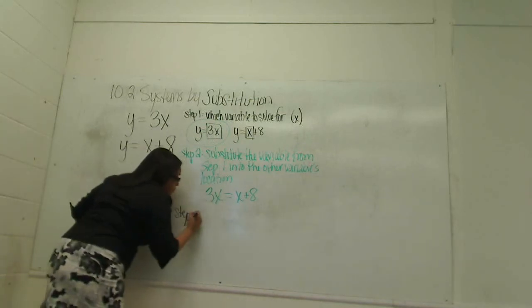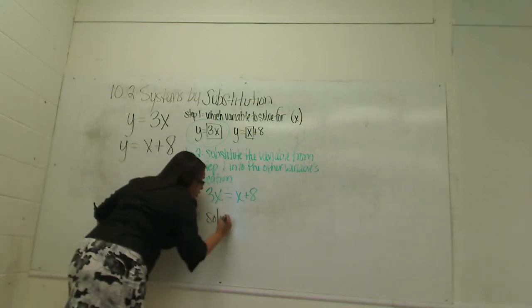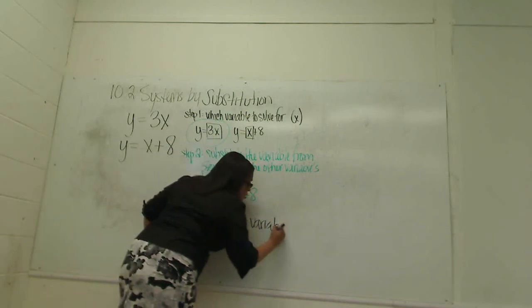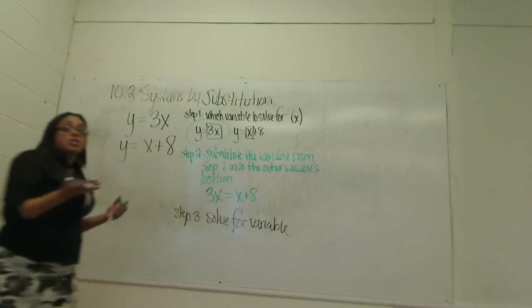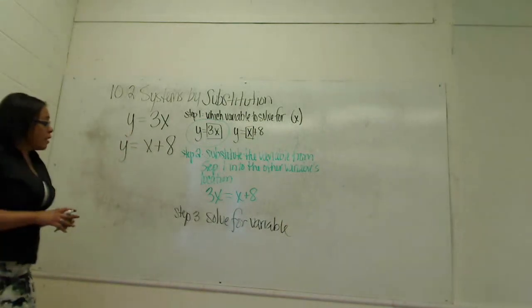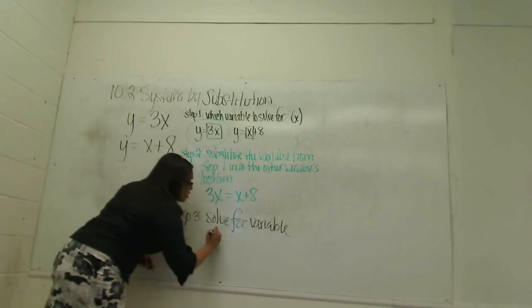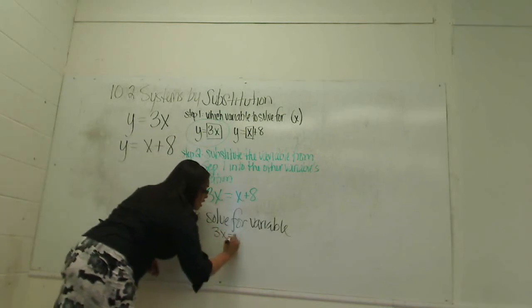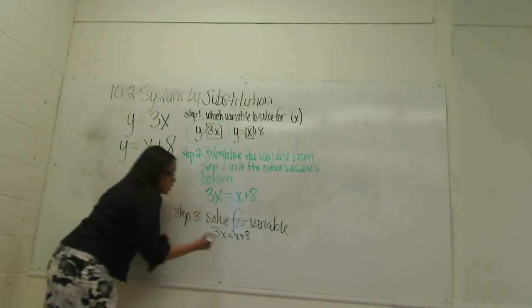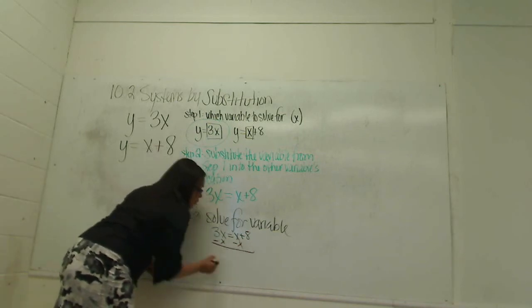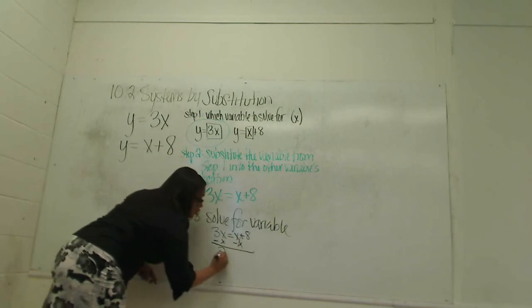Step 3, now you're ready to solve. Solve for the variable that you now want. I want this one. Well, to solve this equation, 3x equals x plus 8. Subtract x from both sides. 3x minus x is 2x.